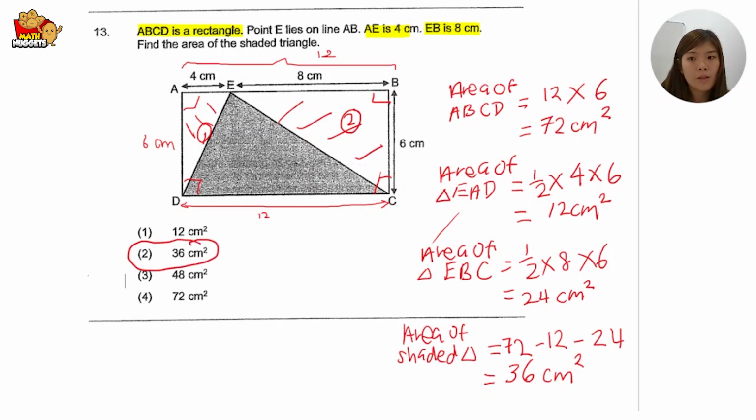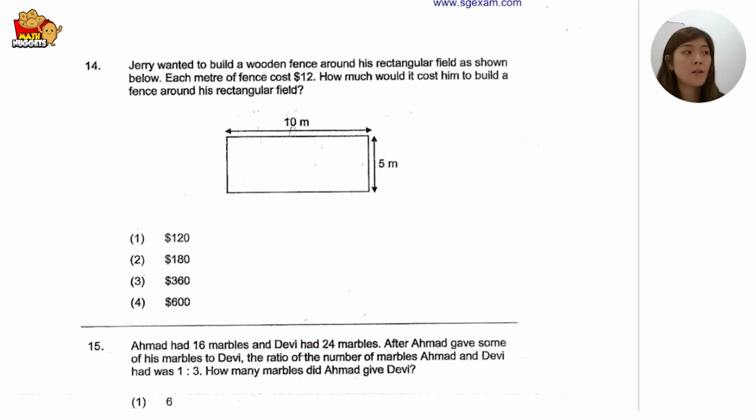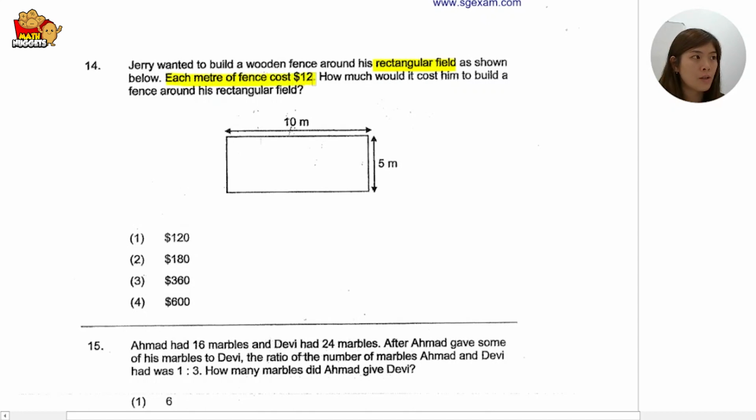Okay, next. For question 14, Jerry wanted to build a wooden fence around his rectangular field as shown below. Each meter of fence costs $12.